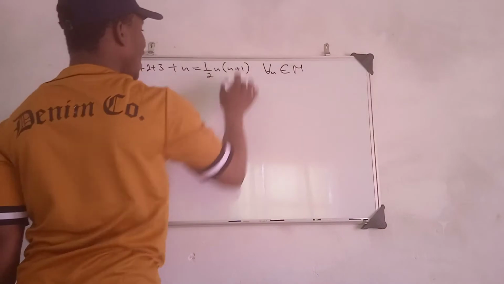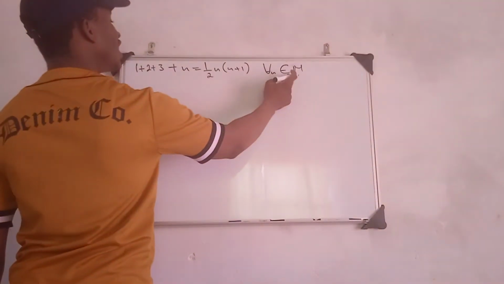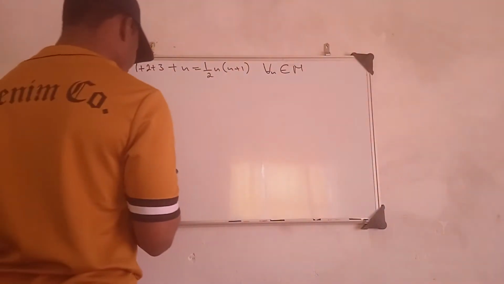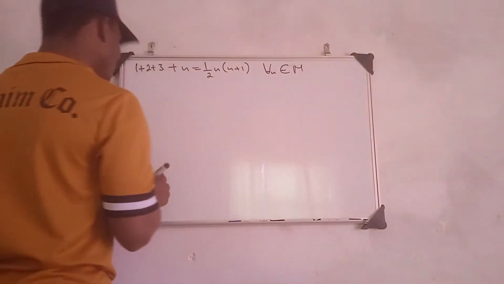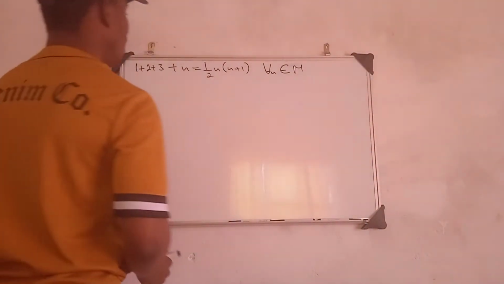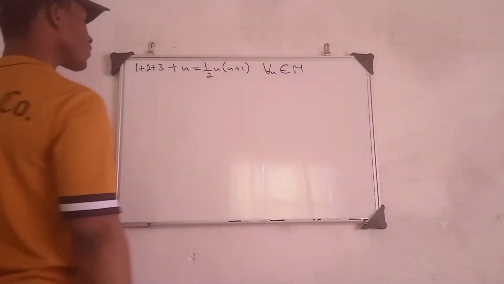So all this n belongs in the universal set of natural numbers. They gave us something like this, and they are saying that we must use mathematical induction.